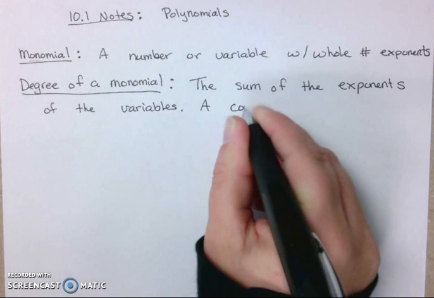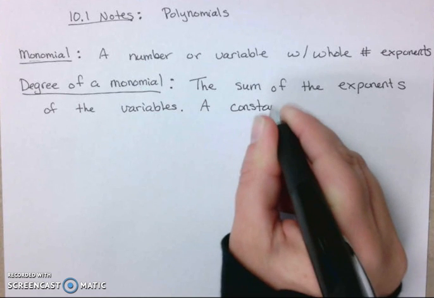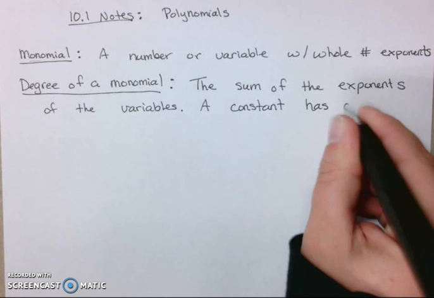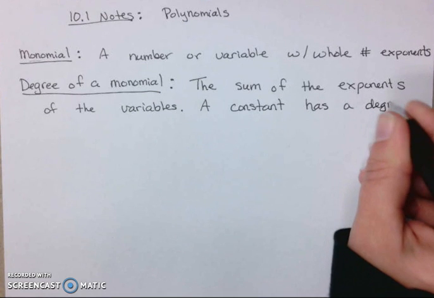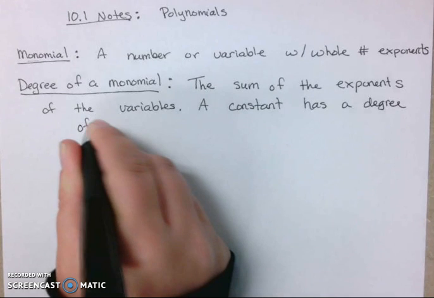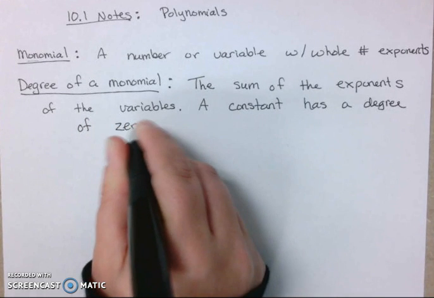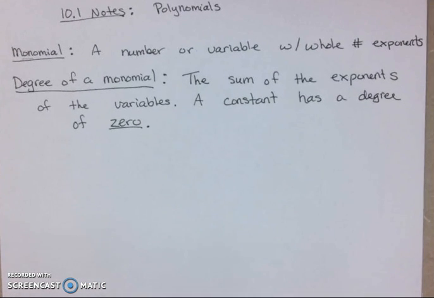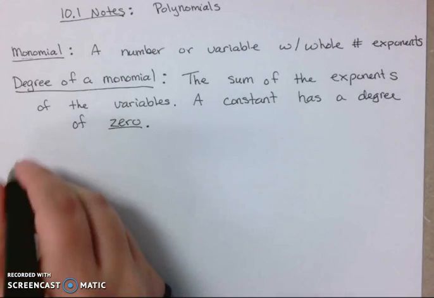A constant, which is just like a normal number like 3, has a degree of 0. Alright, let's do some examples then.